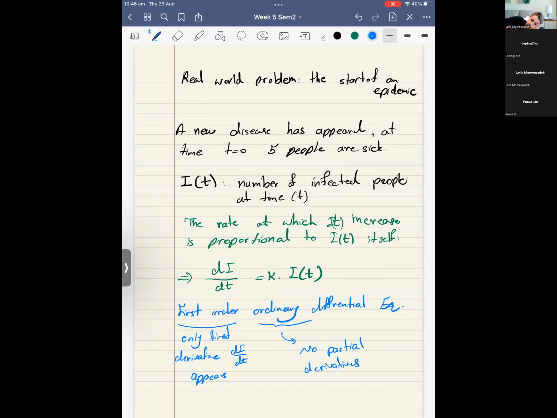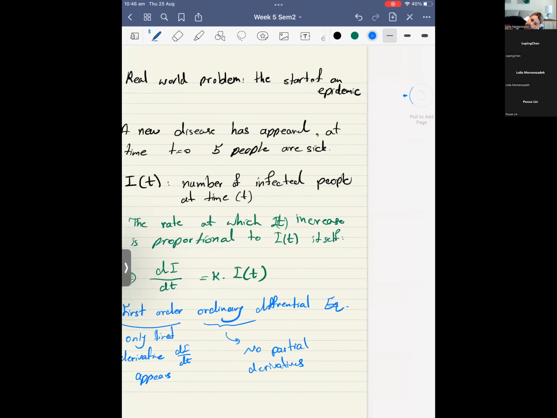To solve this differential equation, we must find the I, yes?